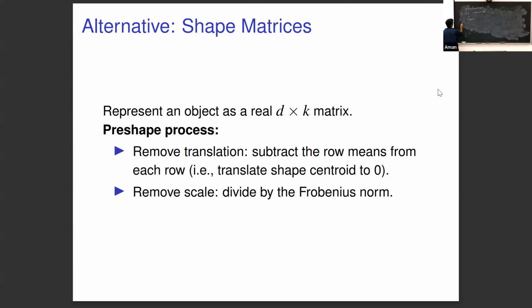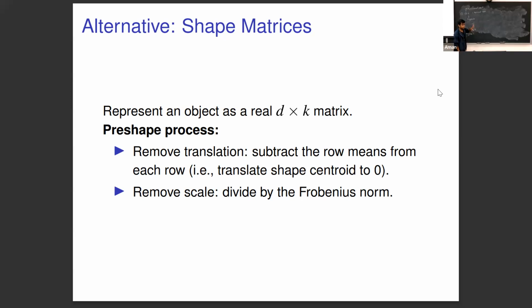Step 2 is then again remove translation. To remove translation, subtract the row means from each row. So once you subtract the mean of each dimension from that dimension, you will then be able to remove the translation. Like we saw in the complex case, the same thing. But because it's represented as a matrix, D cross K or K cross D, doesn't matter, what you have to do is from each dimension, you have to subtract the mean of that dimension, and that will give you the same matrix, but the translation would be removed.